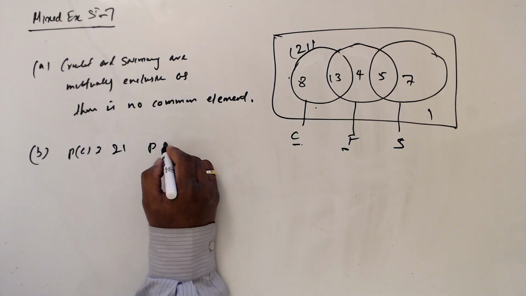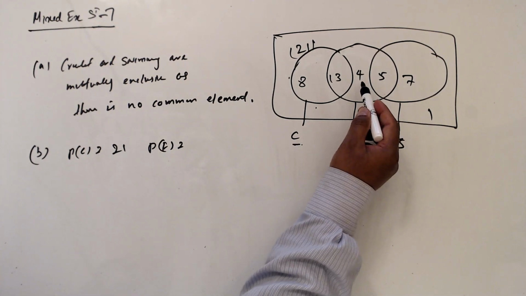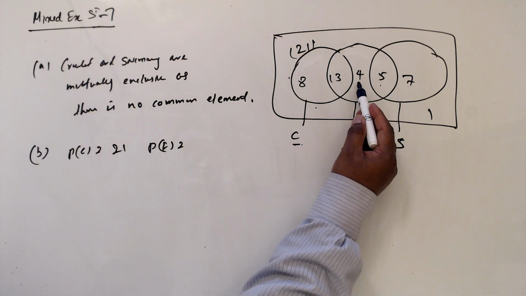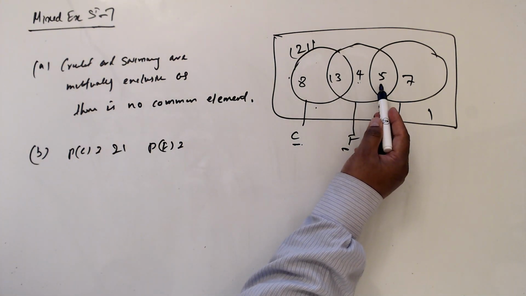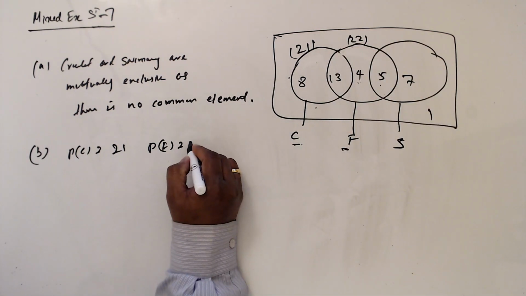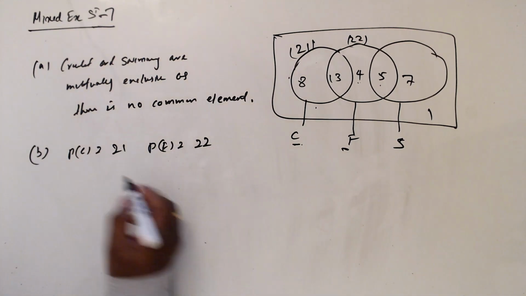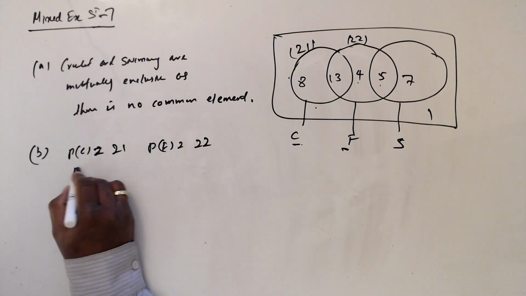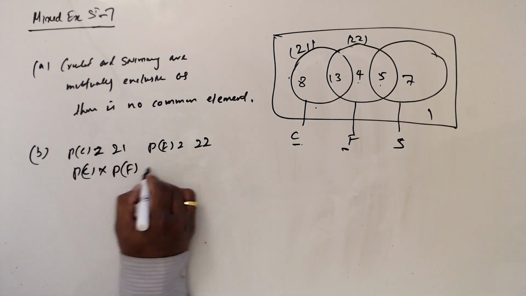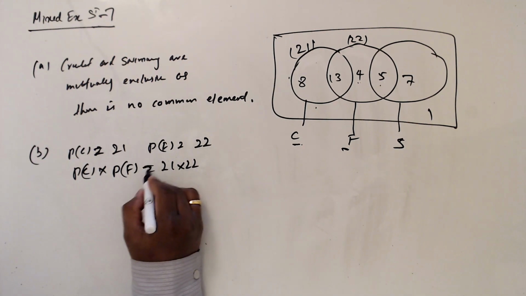Probability of football is 13 plus 4, 17 plus 3, 20, 22. So this is 22. And so P(C) times P(F) equals 21 times 22.